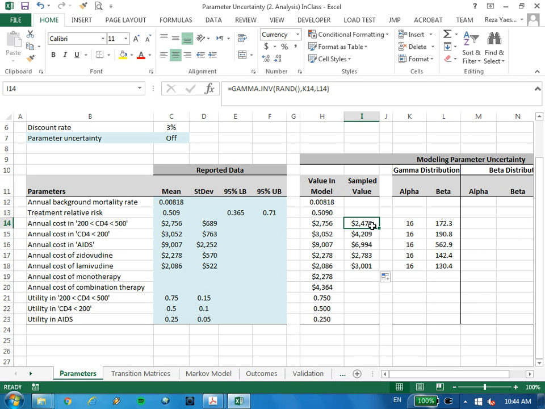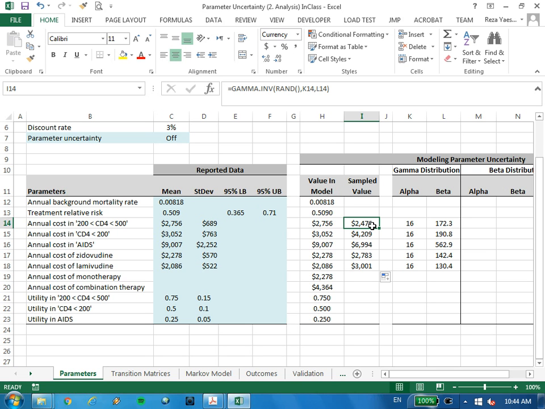So this is how we capture the uncertainty in our parameter estimates. So if I'm 100% sure that every patient will have an annual cost of, for example, 3,000 while in this state, then I don't need to do this.